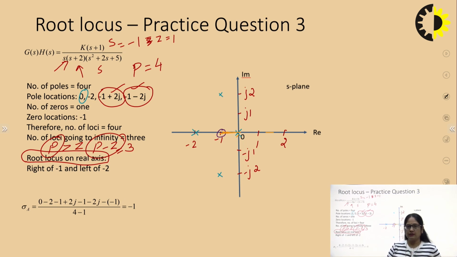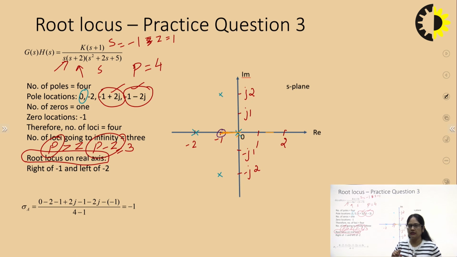Now, to check the part on the left side of minus 1: when I stand here and look on the right side, the number of poles plus zeros should be an odd number for that part of the real axis to be part of the root locus. So, when I look from minus 1 to minus 2, I can see 3 poles and 1 zero.